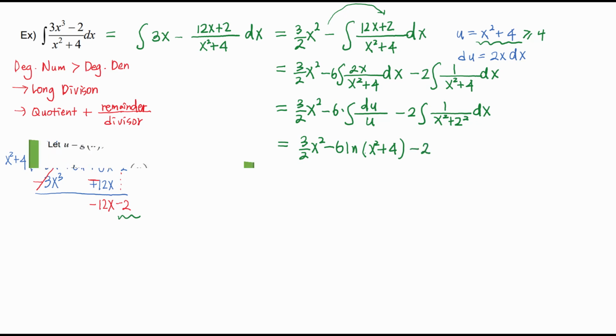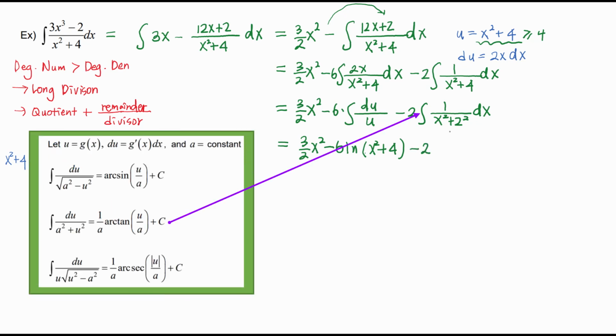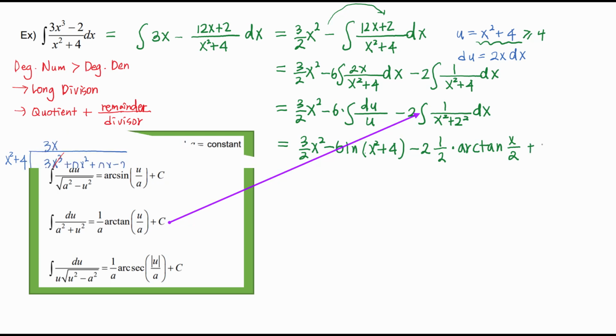minus 2 times, if you look at that, that is 1 over x squared plus a squared dx, which is the arctangent with a 2. And we don't need the u there because we just have an x squared. So this will be equal to 1 over a times arctangent of x over a, and a is 2, plus c.